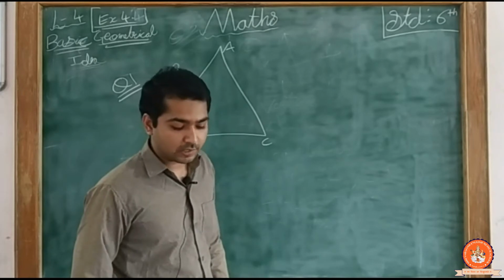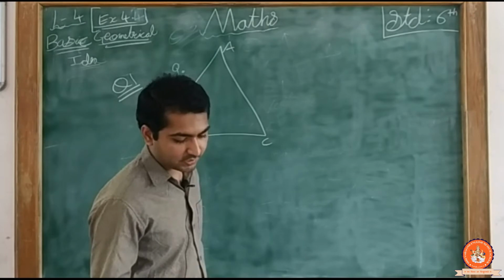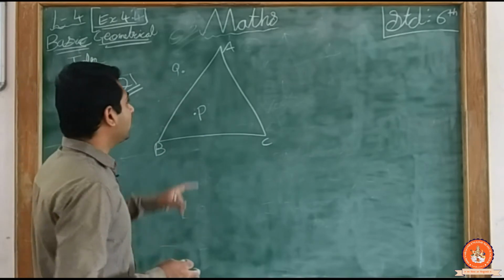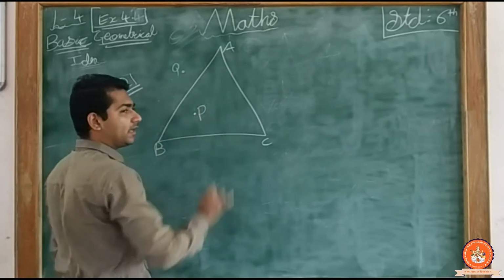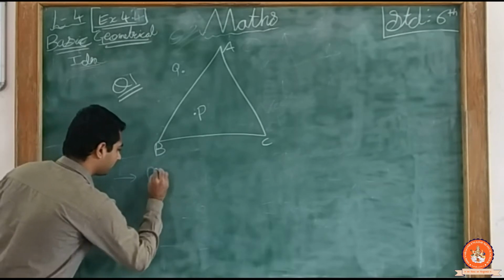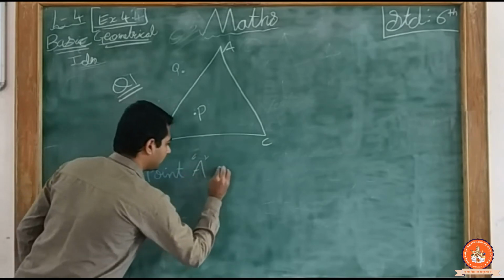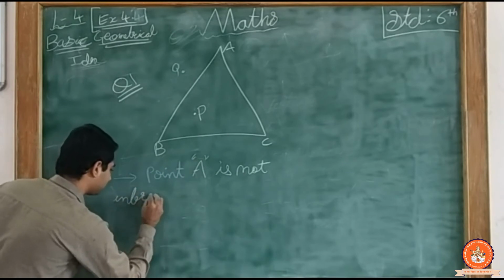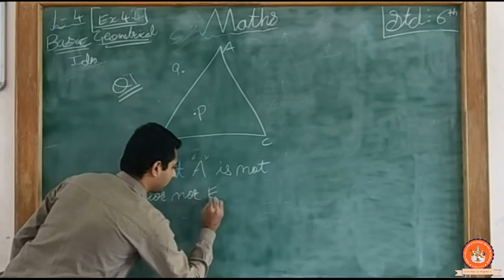Now we have to answer the following question. Is the point A in its exterior or in its interior? Here the question is asking whether point A is interior or exterior to triangle ABC. So here the point A is neither interior nor exterior.